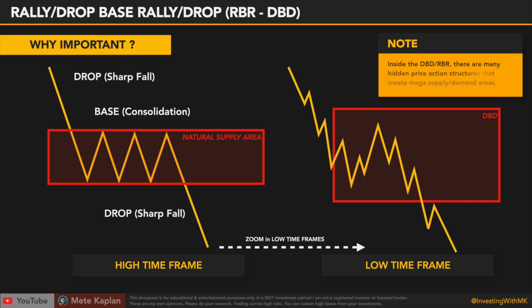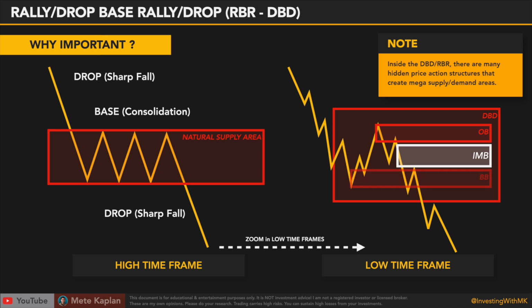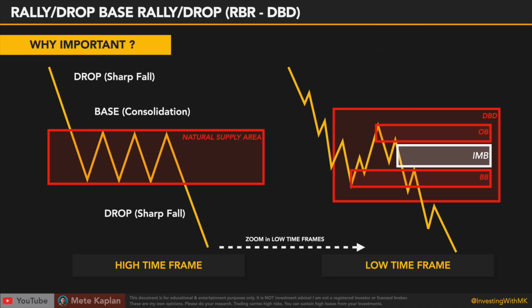Inside DBD and RBR, there are extremely high amounts of price action structures, like order blocks, imbalances, breaker blocks, mitigation blocks, and so on. This is why drop-base-drop and rally-base-rally create a natural supply and demand area, which is stuffed with lots of usable price action structures.